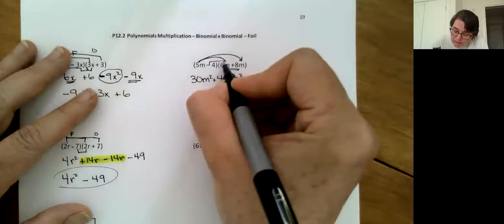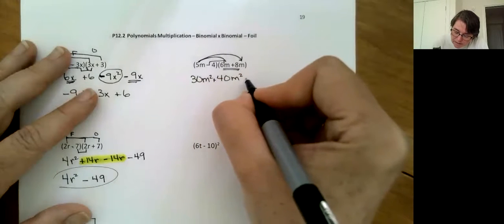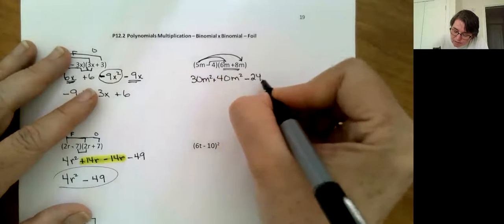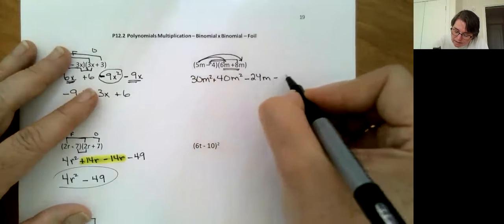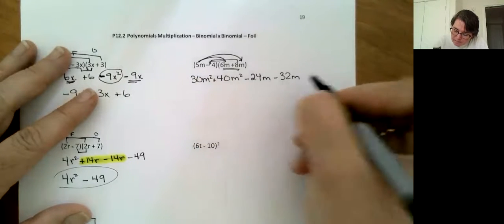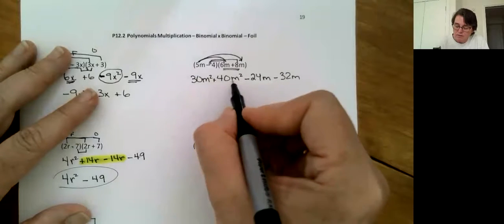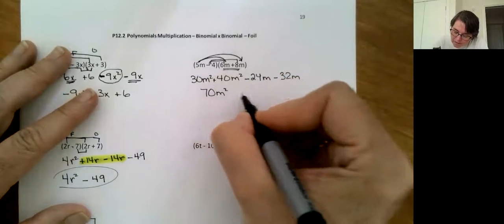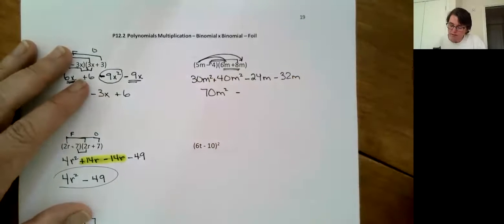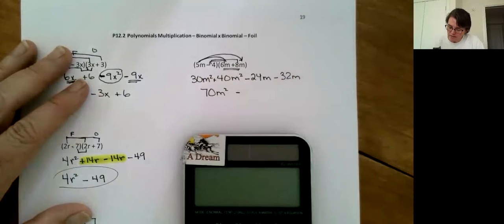Minus 4 times 6 is minus 24m, and minus 4 times 8 is minus 32m. So 30m plus 40m is 70m squared, and 24 plus 32 is 56.